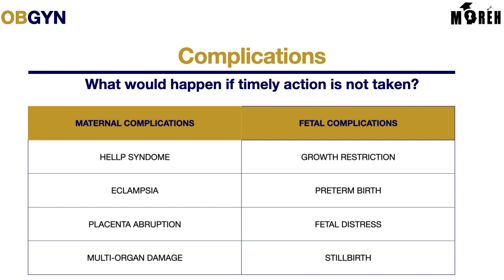It's also a risk factor for fetal distress because of the hypoxic insult to the placenta, which in turn reduces the delivery of oxygen and nutrients to the fetus. It can also lead to an IUFD, intrauterine fetal death, which would be a stillbirth, if timely action is not taken.